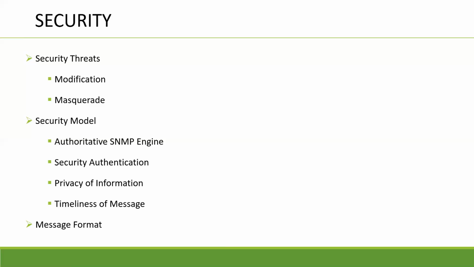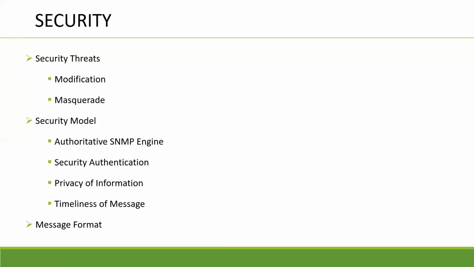There is a well-defined set of rules as to who is the authoritative SNMP engine for each message that is communicated between two engines. For example, get request, get next request, get bulk request, set request, or inform messages. The receiver of these messages is the authoritative SNMP engine.